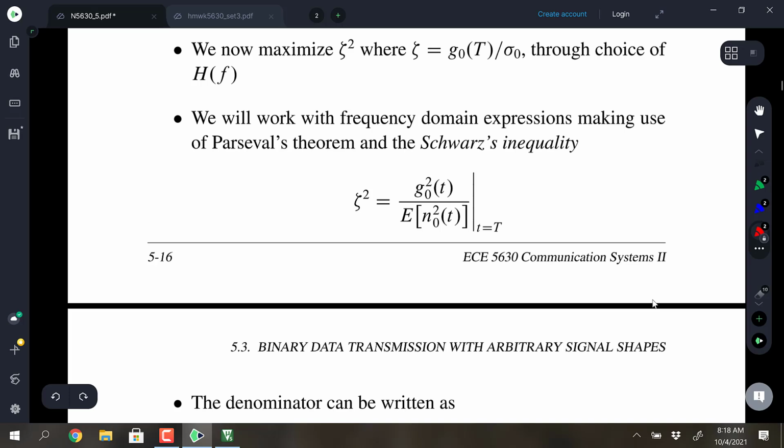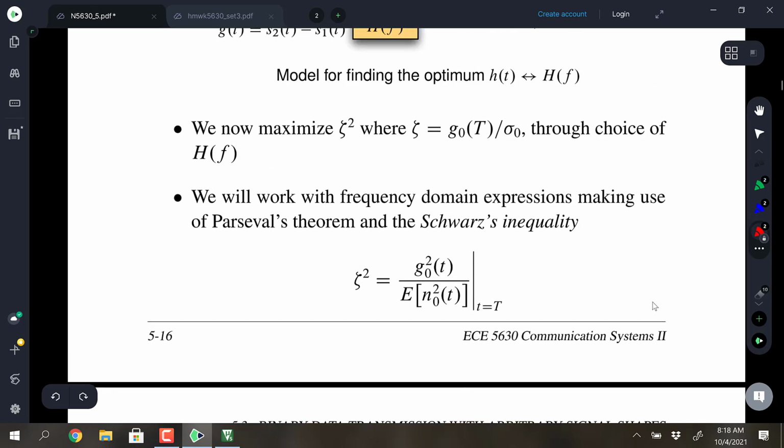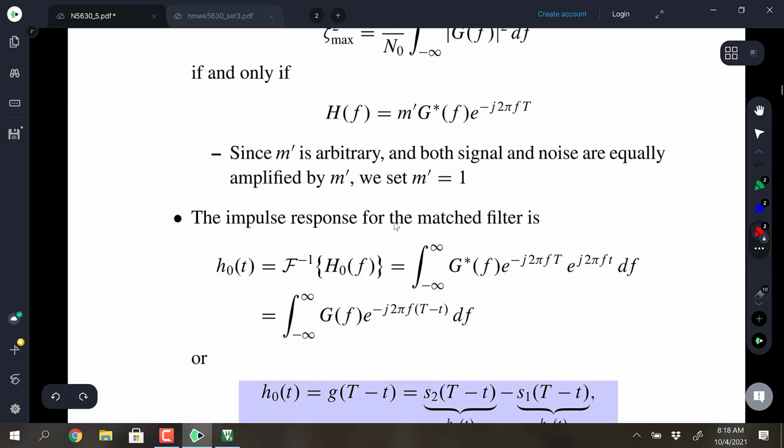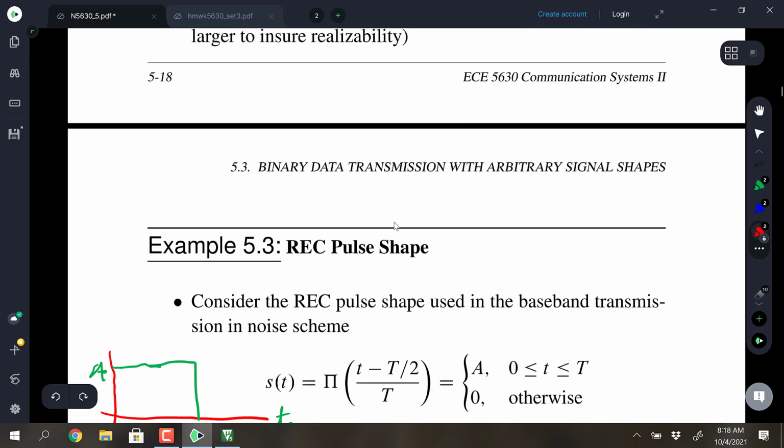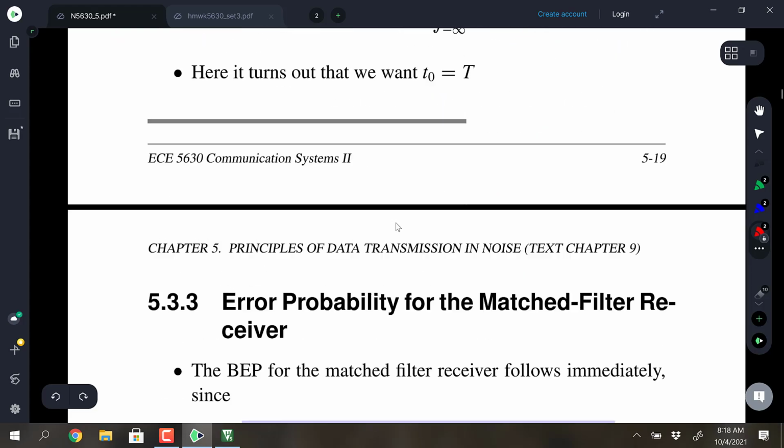Or I think, yeah, zeta squared, or zeta is the deflection at the output of the filter divided by sigma naught for the particular noise variance that we get in going through this filter, G naught. So that's our figure of merit, which is a signal to noise ratio type quantity.